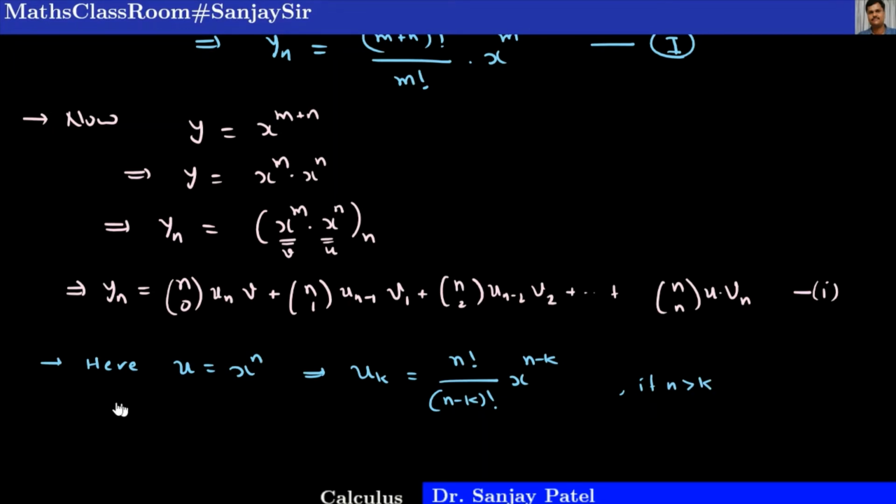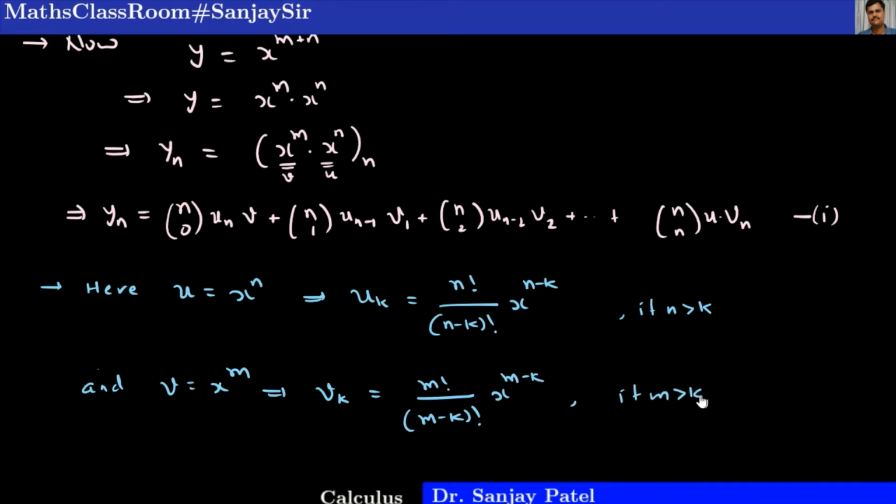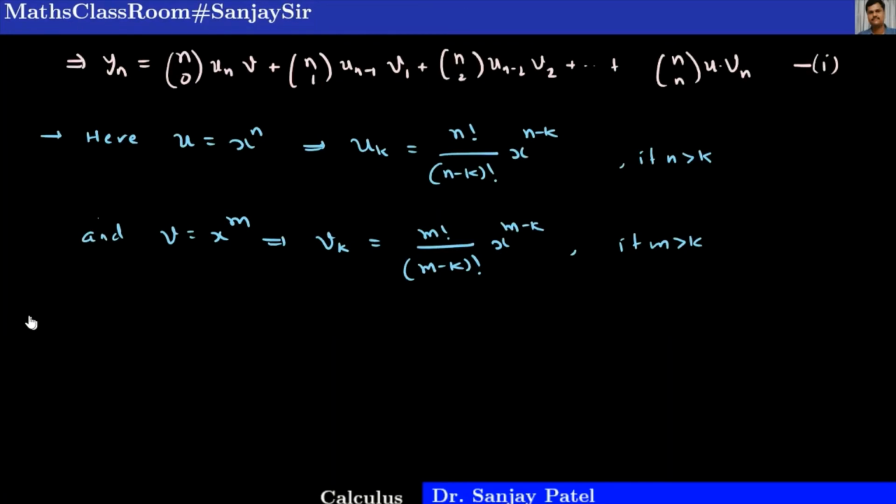And the same way we can write down the kth derivative of v. For v is equal to x raised to m, we can write its kth derivative, say vk, as m factorial upon m minus k factorial into x raised to m minus k if m is greater than k.